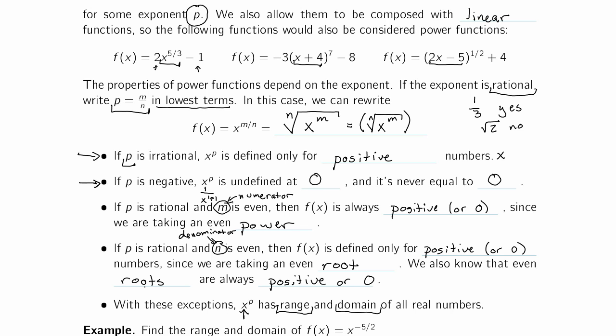If we have a negative exponent, we throw out 0 from the domain and range. If we have a rational exponent with an even numerator, then we have only positive numbers in the range. And if we have an even denominator, well, then we have only positive numbers in the domain and the range. So let's see an example.